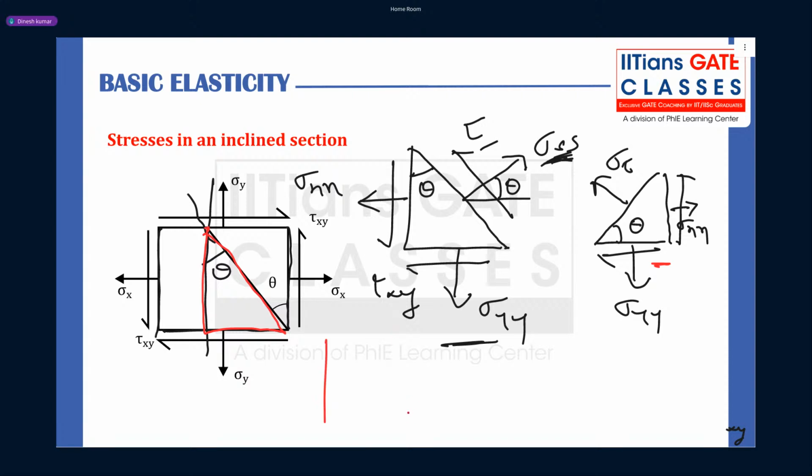See, this is your 2D stress system. Instead, we can cut like this. We can cut, right? So basically this is how these triangular elements are formed, which are given in textbooks like Ramamrutam, Kurmi, or some other textbook of strength of material.